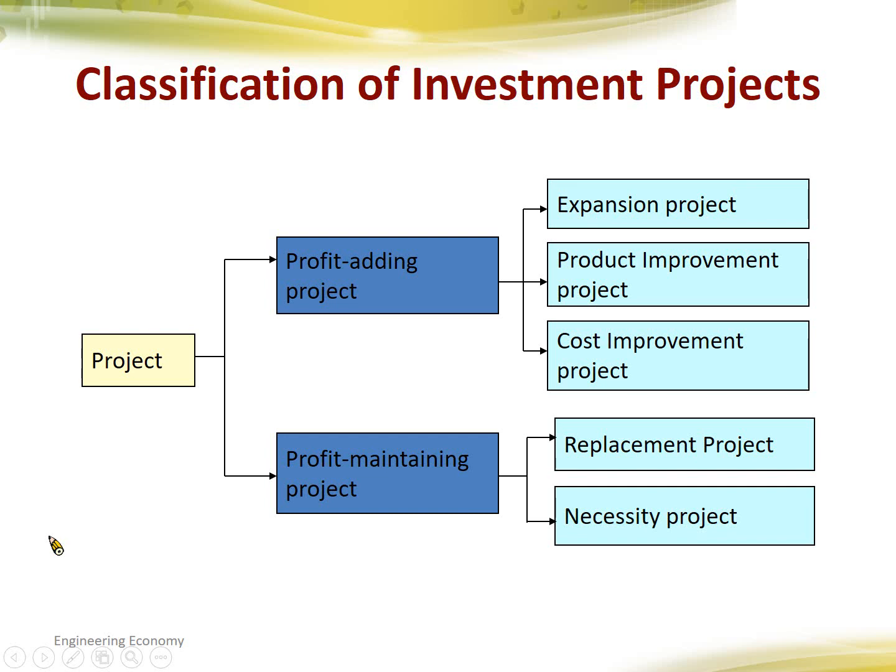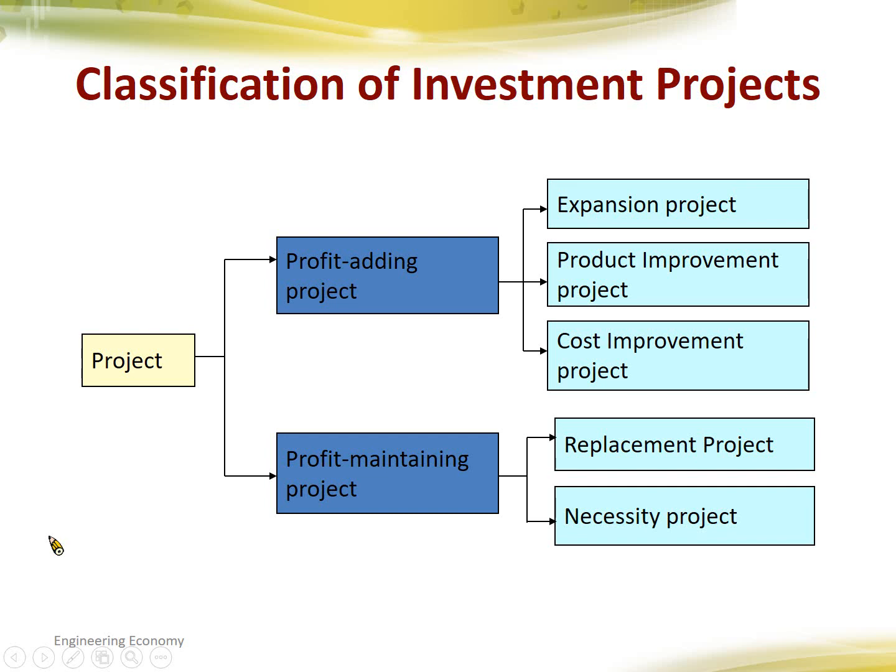There is also another kind of project called profit maintaining. Profit maintaining means that it doesn't necessarily generate additional profit. But we have a machine, and maybe we will replace it with a new machine. That new machine is just replacing the old one. The old one is going to become obsolete, and the new one will just help us maintain the situation.